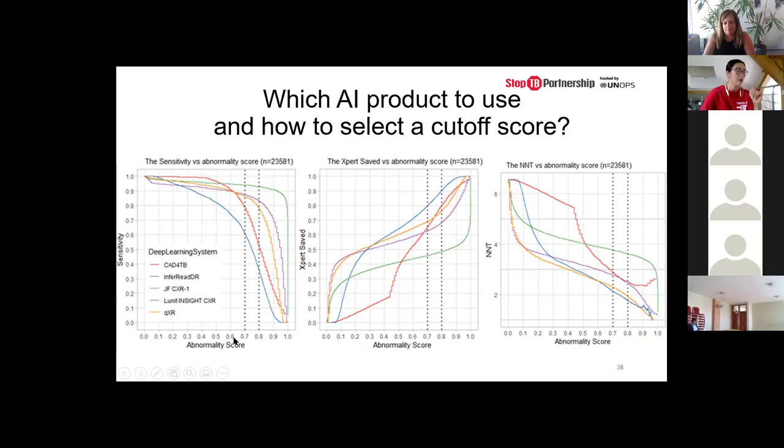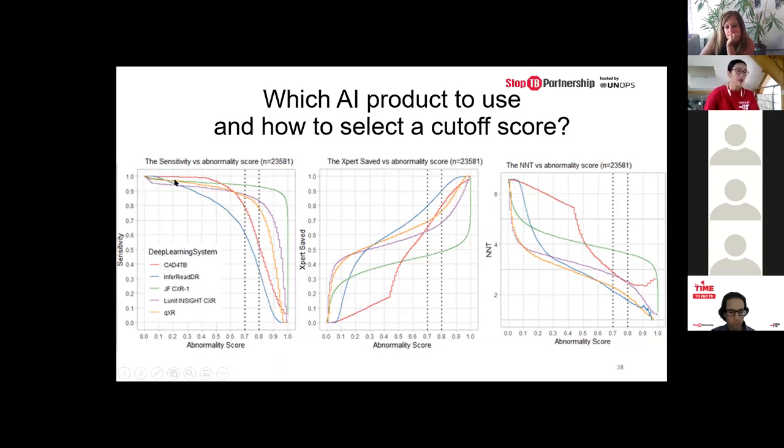But if you want to reduce the number of GeneXpert tests needed, you need to separate presumptive patients with higher and lower risk. As you increase the cutoff score from 0 to 1, the sensitivity drops. But the rate of the decrease is something that's interesting here.